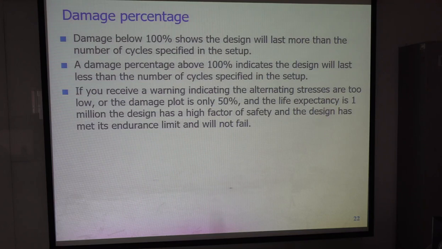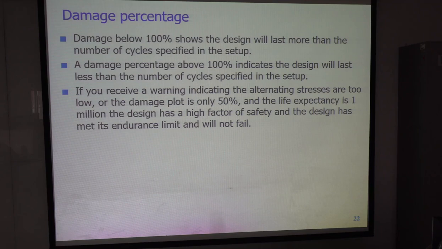Could you read the first point? Damage below 100% shows the design will last more than the number of cycles specified in the setup. Okay, could you read the second point? A damage percentage above 100% indicates the design will last less than the number of cycles specified in the setup.